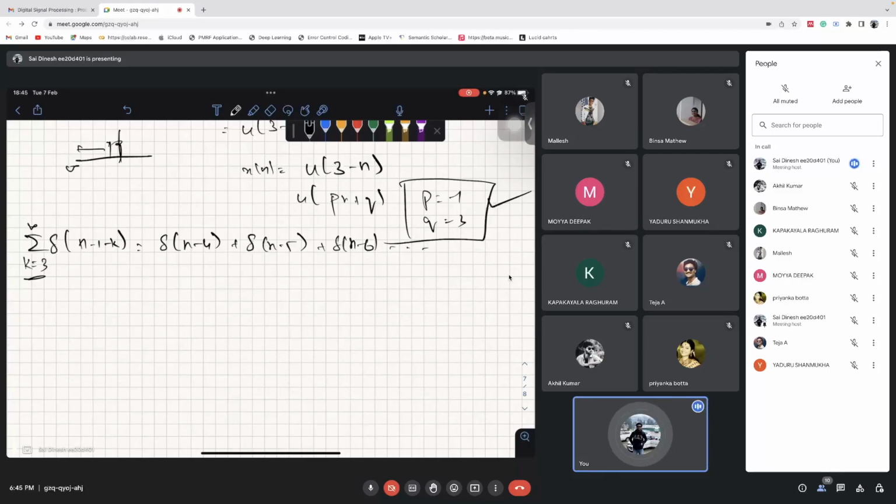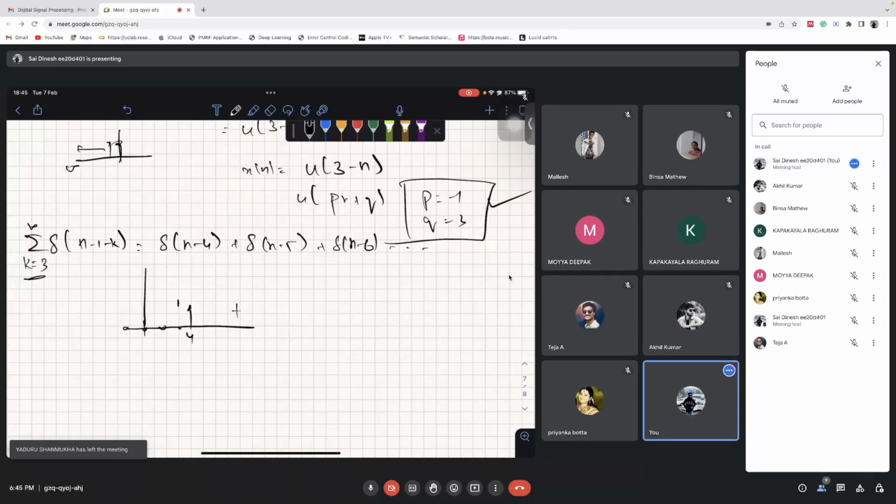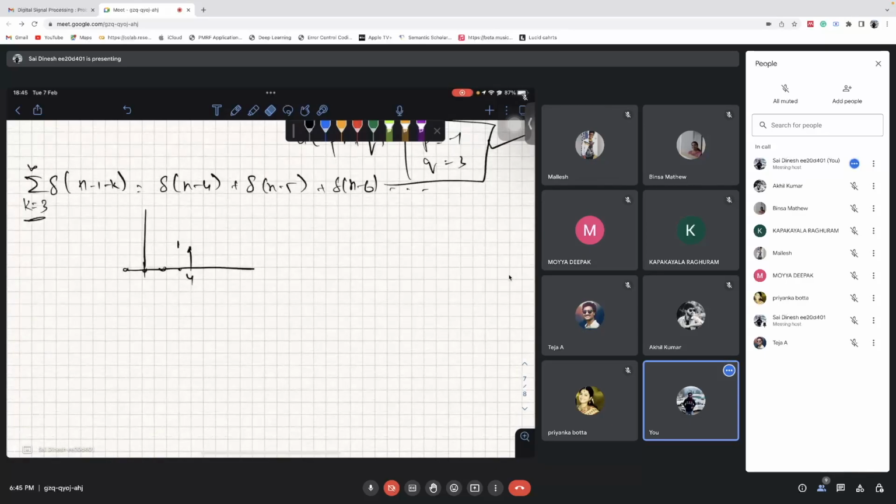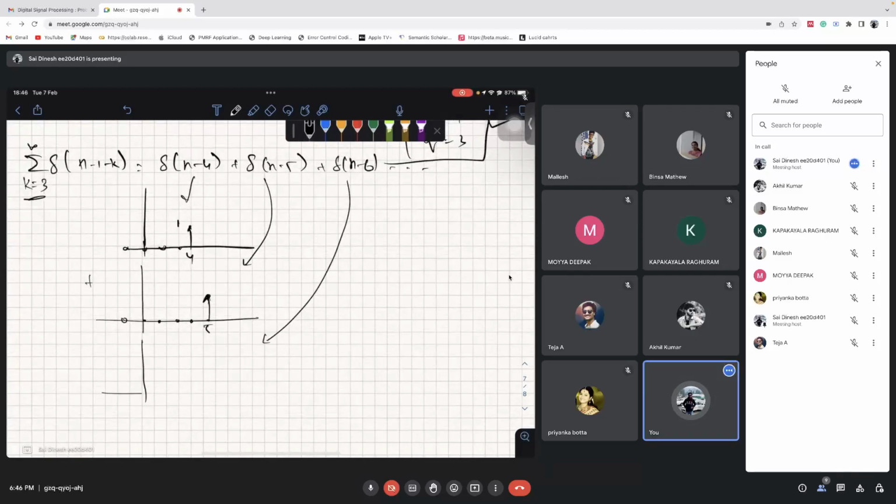So delta of n minus 4 is zeros everywhere except 1 at the fourth location, plus n minus 5 would be zeros everywhere but 1 at the fifth location, and n minus 6 would be zeros everywhere and then 1 at the sixth location.